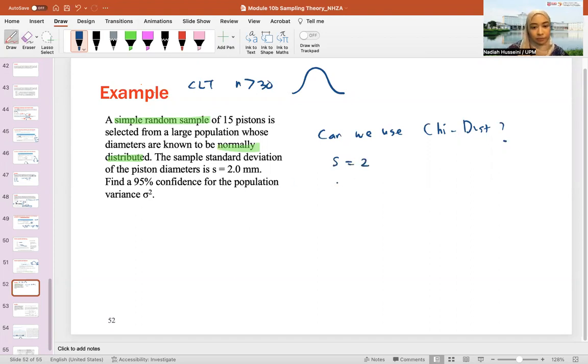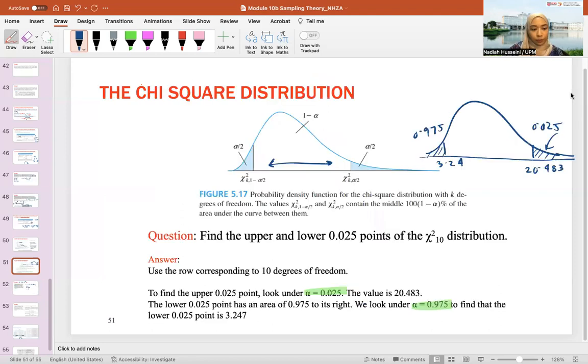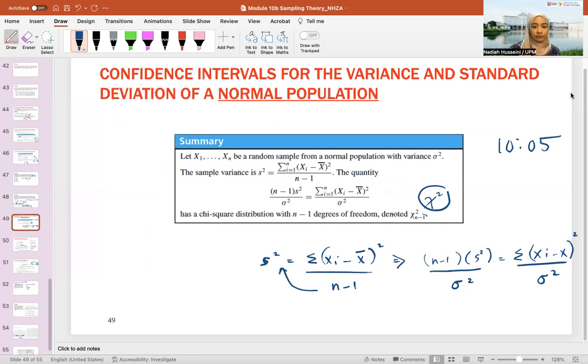Okay, so the sample standard deviation of the piston diameters is S equals 2. Find a 95% confidence interval for the population variance. So our N is 15, selected from a large population, which is normally distributed. The answer is yes, we can use our chi distribution because, let's go back to the definition.